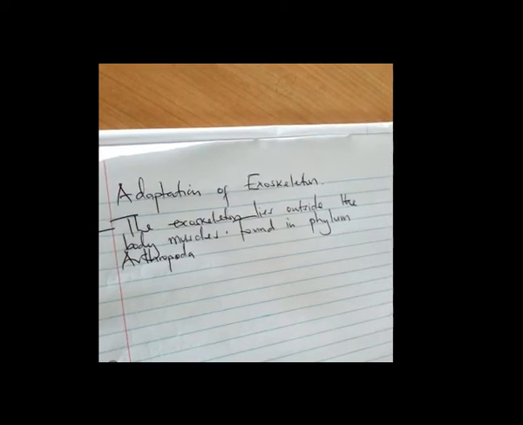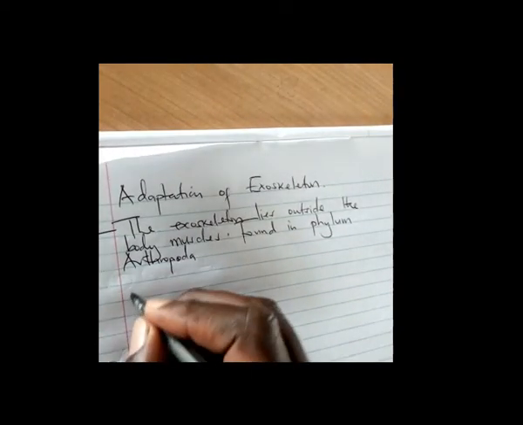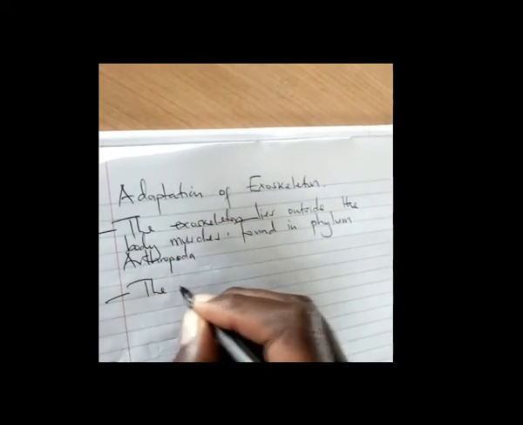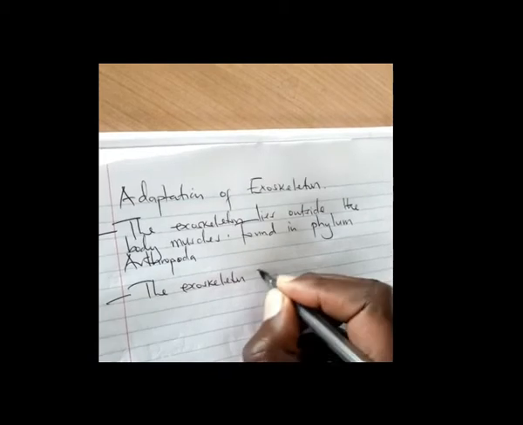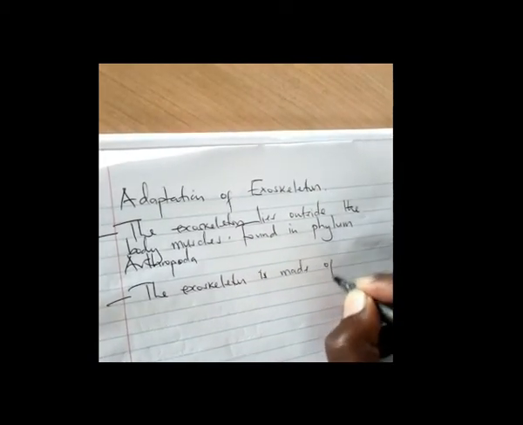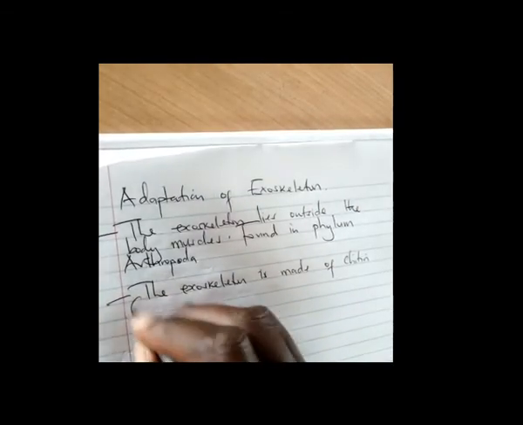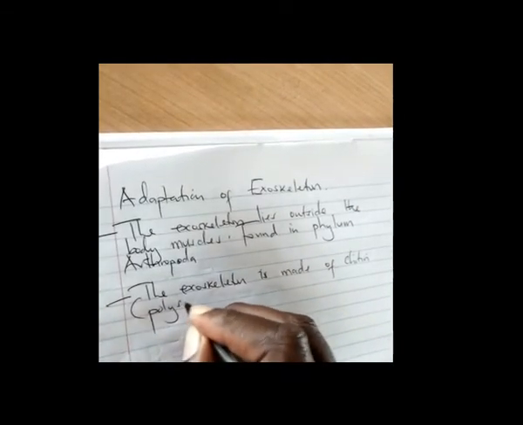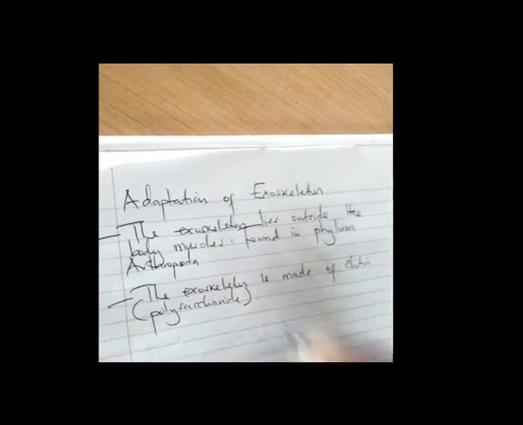Those classes contain exoskeleton. The exoskeleton is made of a substance called chitin. Chitin is a polysaccharide.